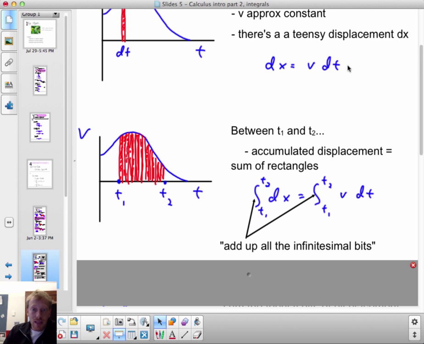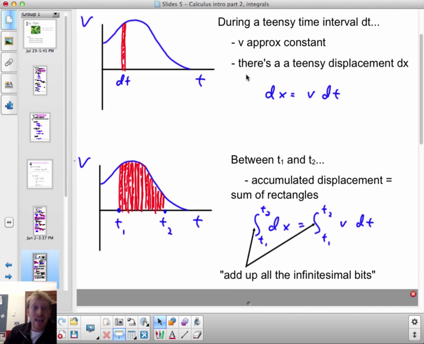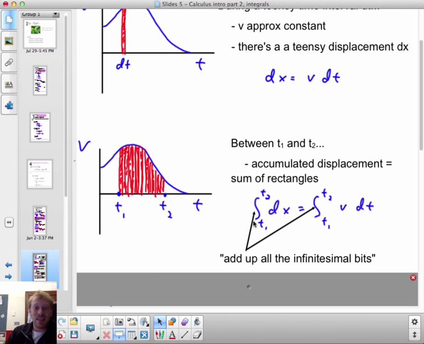So if I just start with this line of math, then I can just add a squiggle sign that means add up all the little infinitesimal bits. That's what that little squiggle sign means. It just means add them all up. The sum of all the dx's between t1 and t2 is the sum of all the v dt's between t1 and t2.